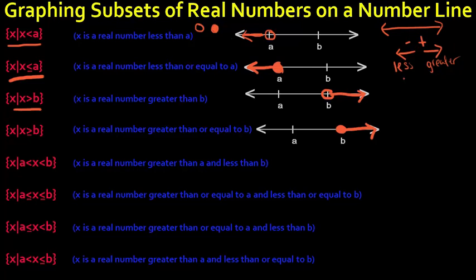It cannot be b. So b is not included. So the hole is non-inclusive, which means it's not circled in. I like to think of it like that. It helps me remember that a filled in circle means greater than or equal to. A non-filled in circle means greater than. Okay, we'll move on to one that'll show us a specific.